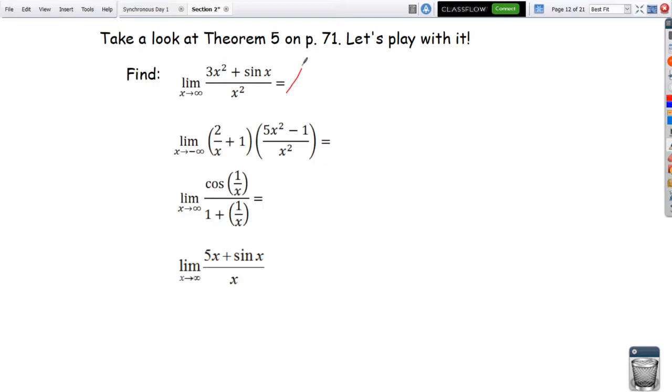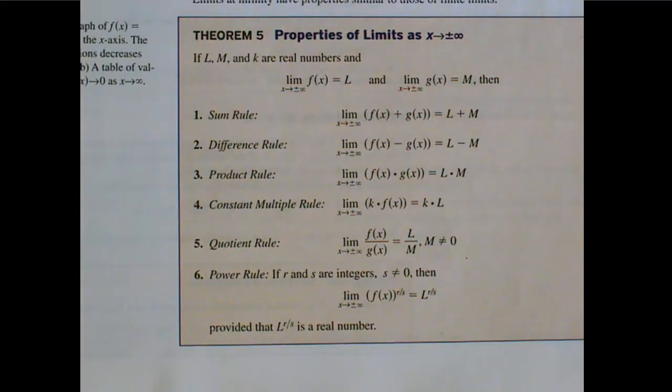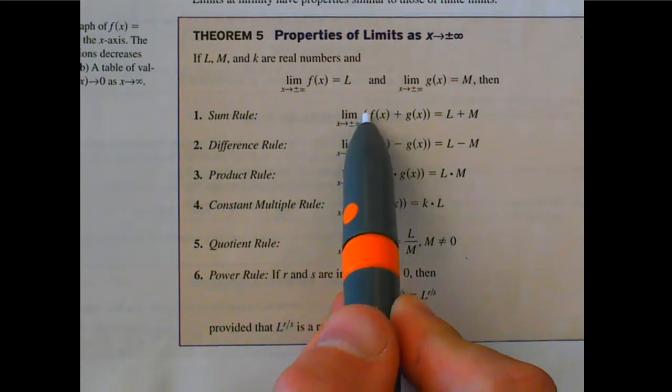I see that I have a sum in the numerator, so I can split that up into two different fractions. I end up with the limit as x approaches infinity of 3x squared over x squared plus sine x over x squared. And now, since I'm talking about a sum, I can use this rule right here.